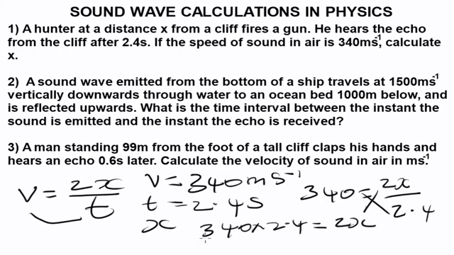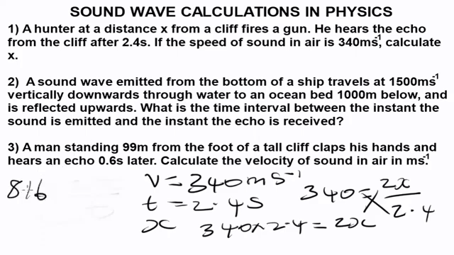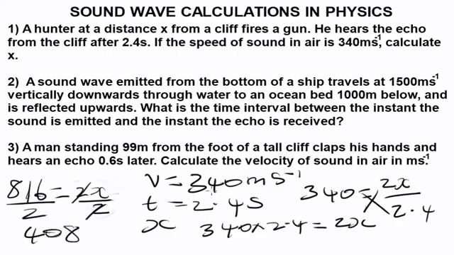Simplifying further, 340 times 2.4 gives us 816, equals 2x. To make x the subject of the formula, divide both sides by 2. So 816 divided by 2 gives us 408. Since we are looking for distance x, the unit will be meters. So this is the answer for question 1.